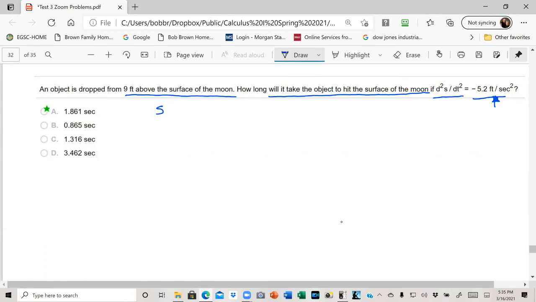The second derivative of the position then is going to be minus 5.2. That means the velocity, which is equal to S prime, we could take the antiderivative of minus 5.2 and get minus 5.2t plus C1. Now we're given that V of 0 equals 0.